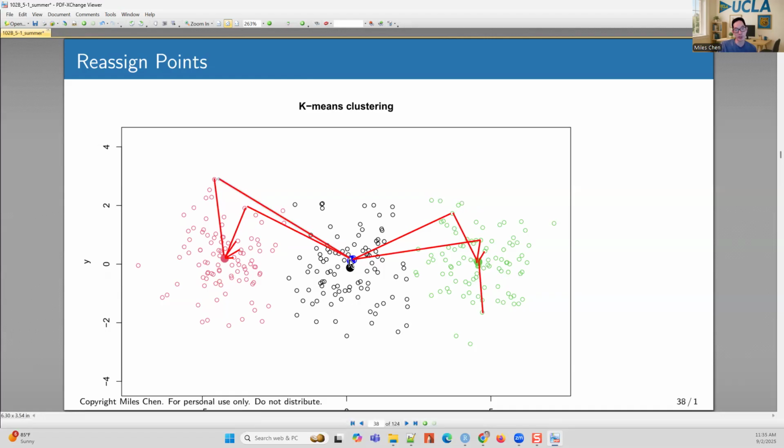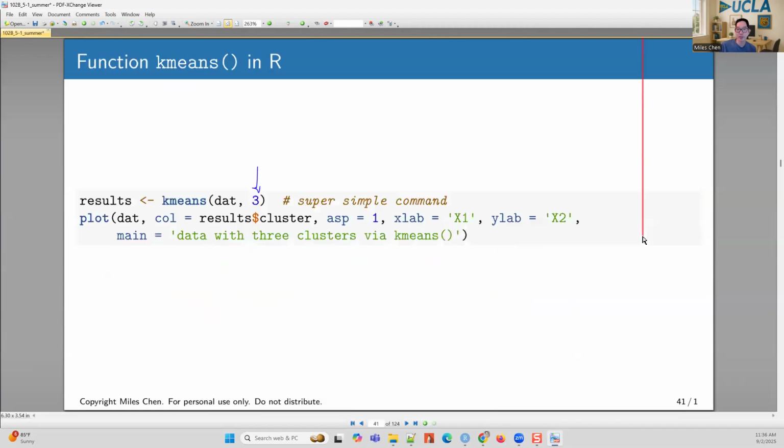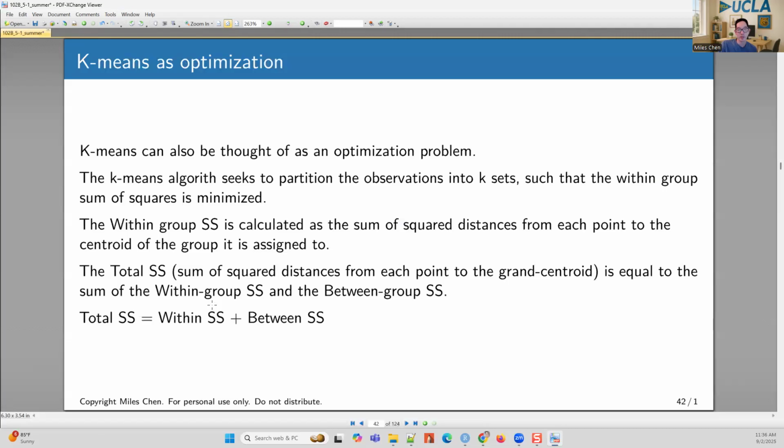So this would be our grand centroid in the center in blue, versus how far each point is from its own group mean versus the grand mean. And what we're trying to do is minimize the within sum of squares versus the between sum of squares.